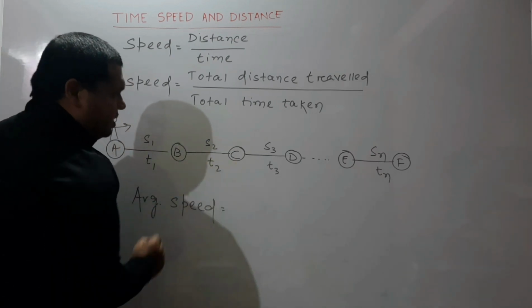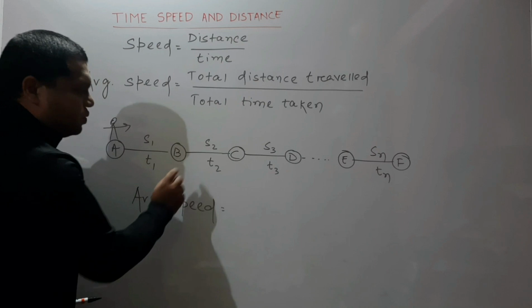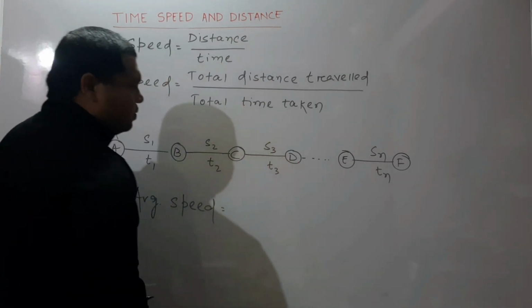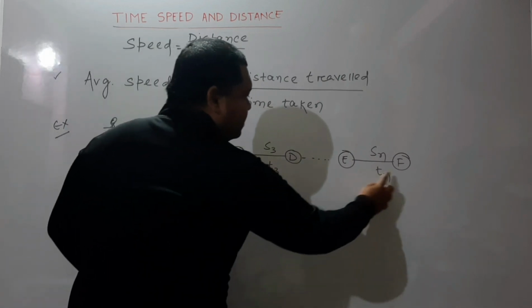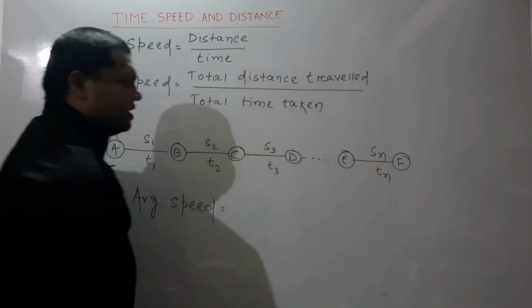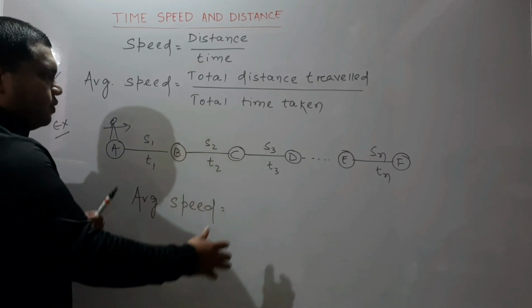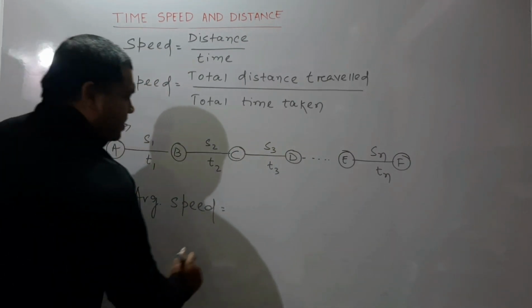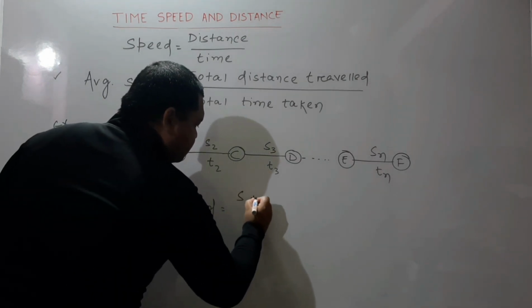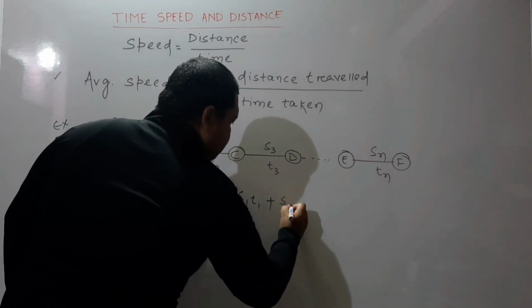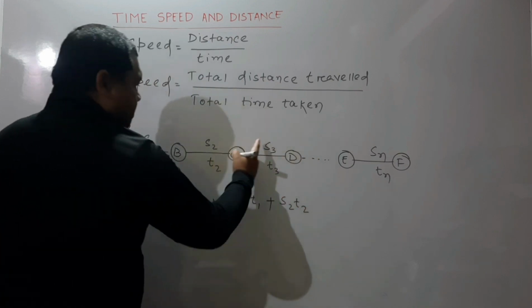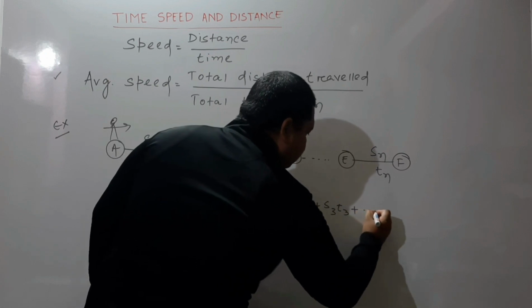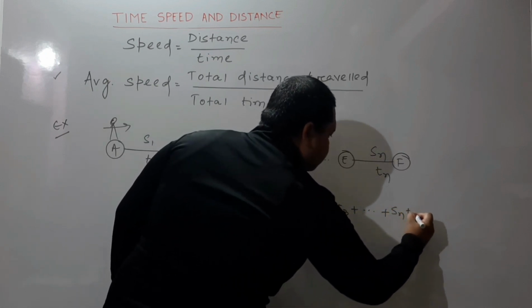Similarly from B to C, your distance is s2 into t2. From C to D, your distance is s3 into t3. Similarly from E to F, your distance is sn into tn. If you take the sum of all, then you can find the total distance. So total distance is s1 t1 plus s2 t2 plus s3 t3 up to sn tn.